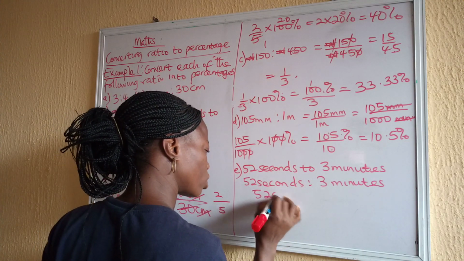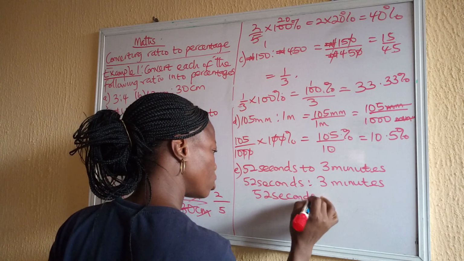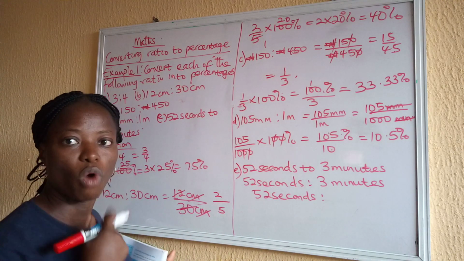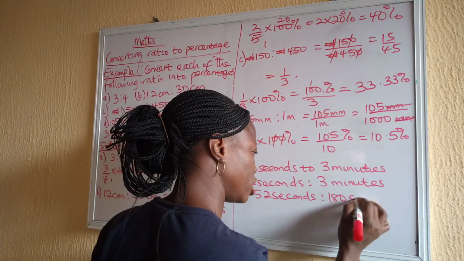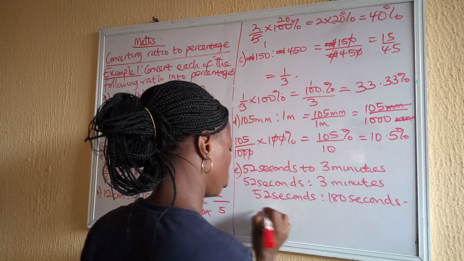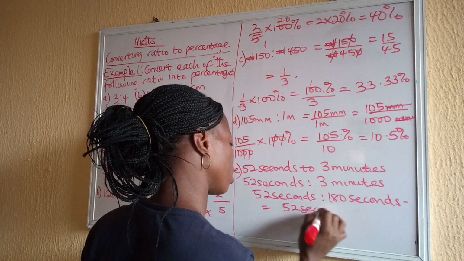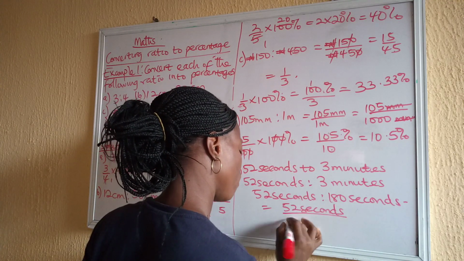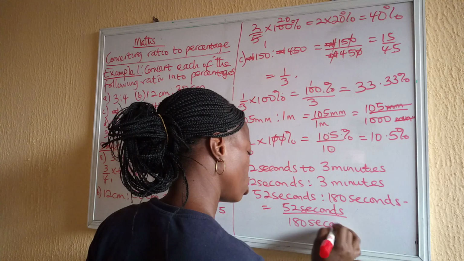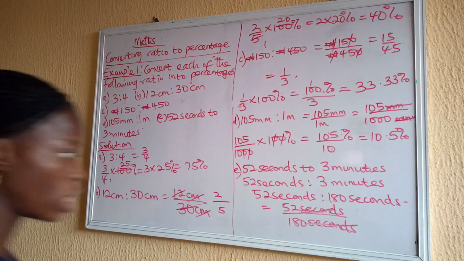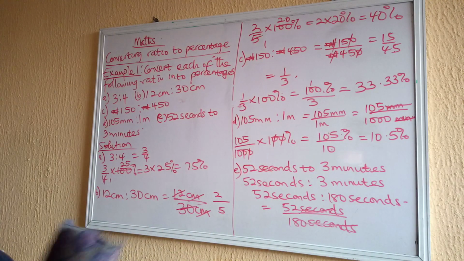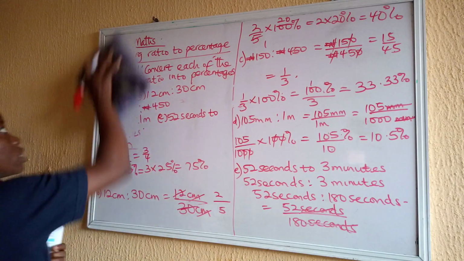How many seconds in 1 minute? That's 60. So that will be 60 times 3. We have 180 seconds. So you can now say 52 seconds over 180 seconds. Remember, seconds will cancel themselves. You're left with 52.